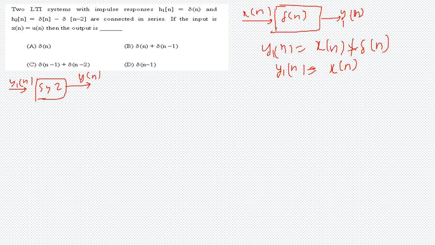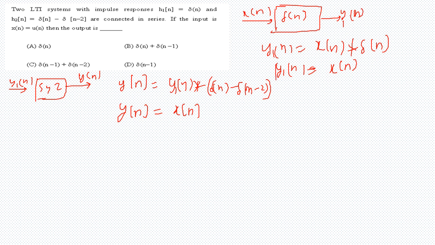Then we got y of n. So what we can write for y of n is y1 of n convolved with del of n minus 2. Again y1 of n is just x of n, as we have just calculated.